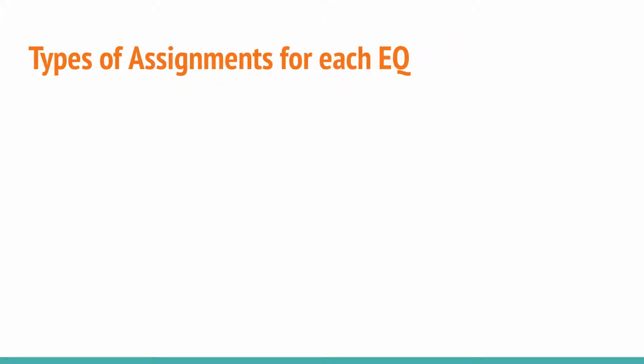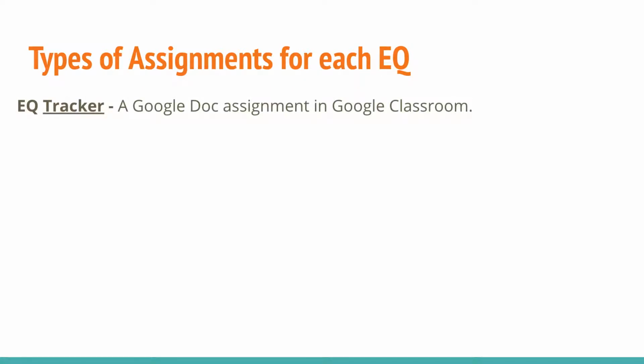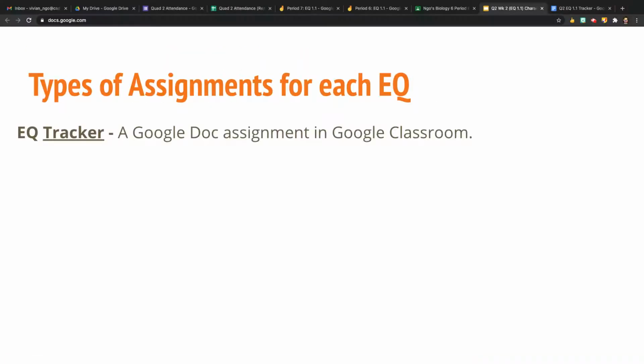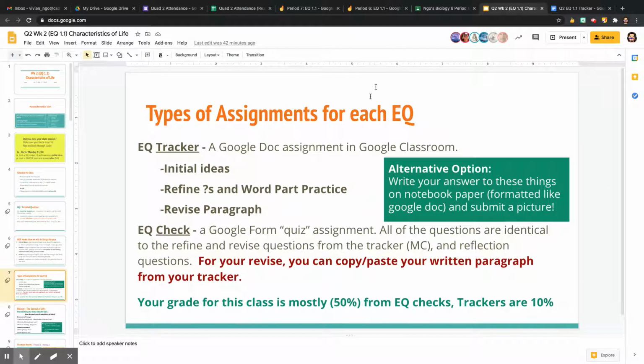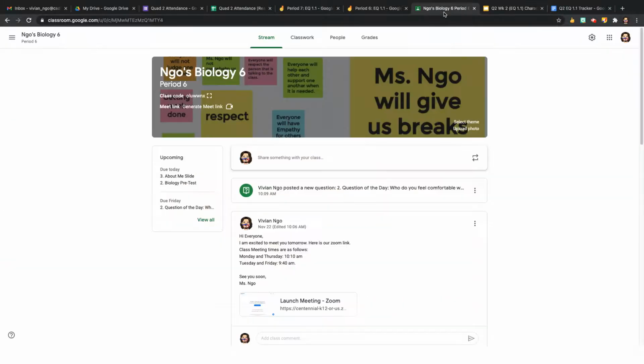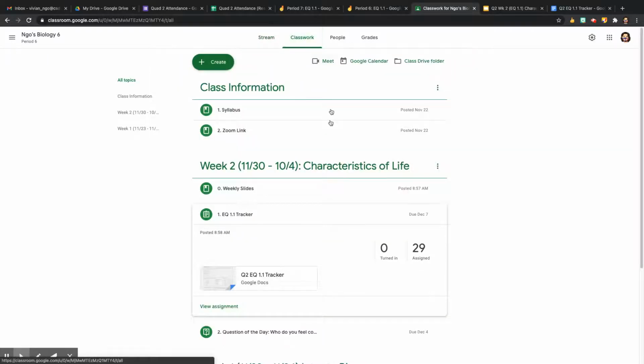So types of assignments for each EQ, we have the EQ tracker. This is always under our slide. So if I'm using 6 periods, in Google Classroom, always go to the classwork tab, all right? Weekly slides are always listed as 0, and then 1 is always our EQ tracker.